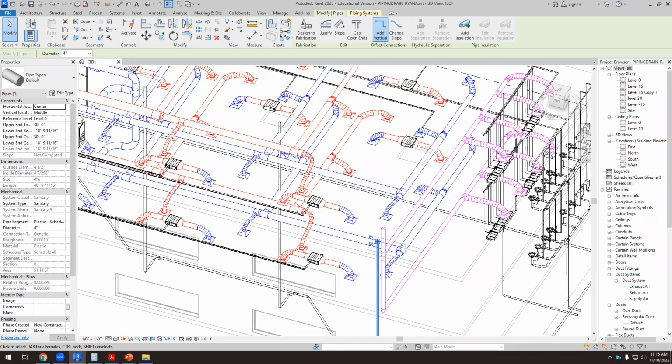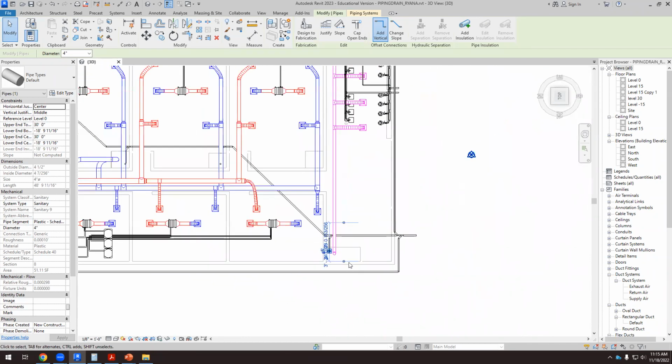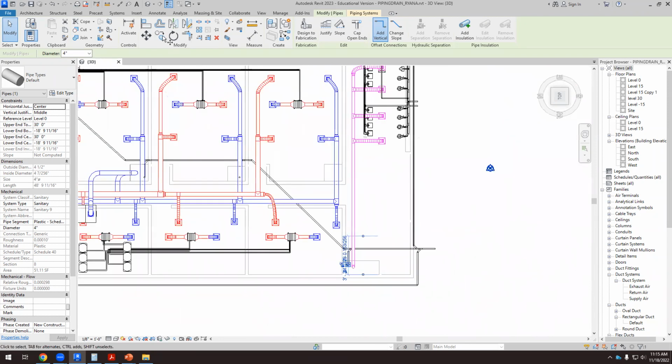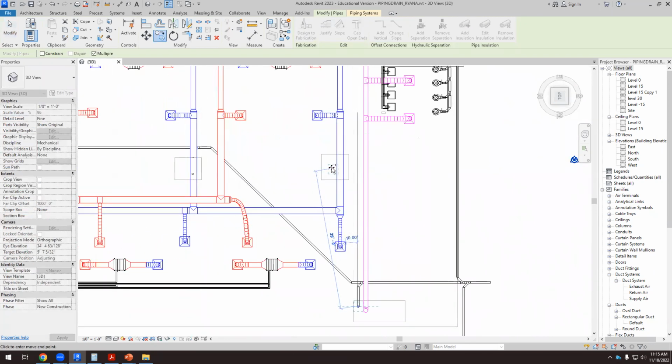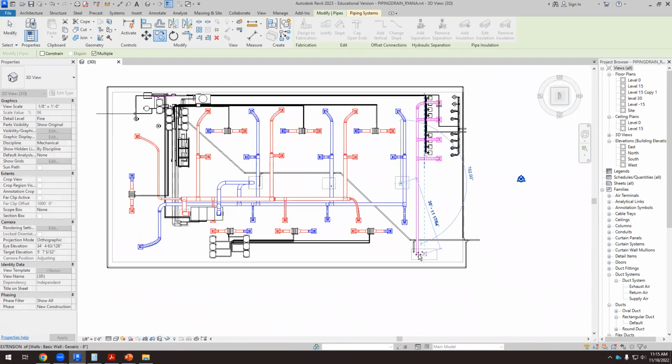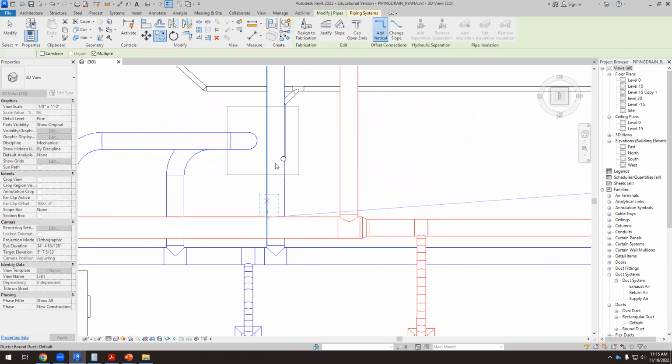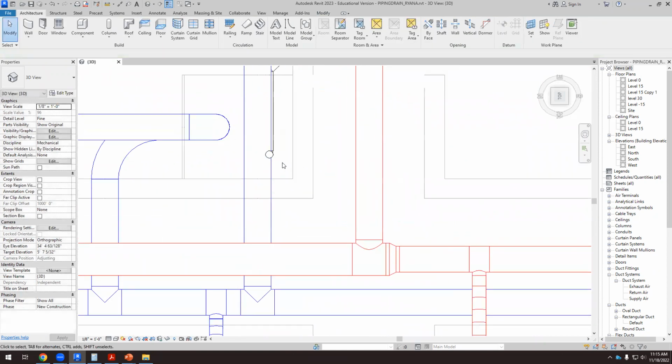You have another one there. I'm going to copy this one here. So we have 1, 2, 3, 4. Well, this is what you have to be careful about.